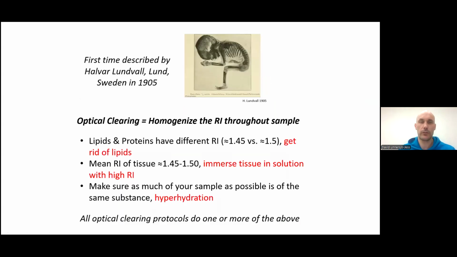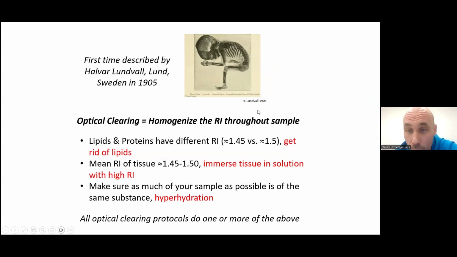And a little bit of history. Usually in most tissue clearing reviews, there's a German guy called Spalteholz. He gets credit for inventing optical clearing. But there was actually a Swedish guy in Lund back in 1905. He started to play around with putting human embryos in different solvents.